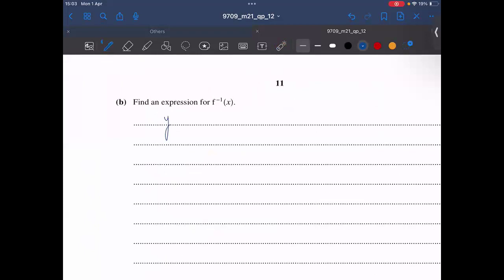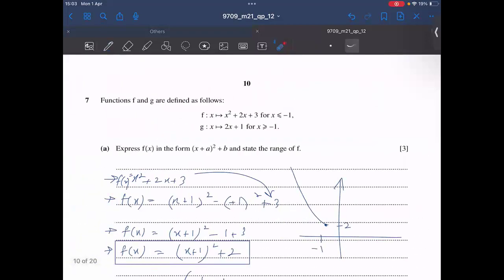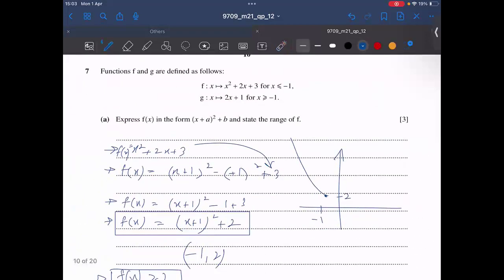I'm going to replace f(x) with y. I'm going to use this form of f(x), not this one, because I cannot make x the subject from this form. I have to use this form because I need to make x the subject.